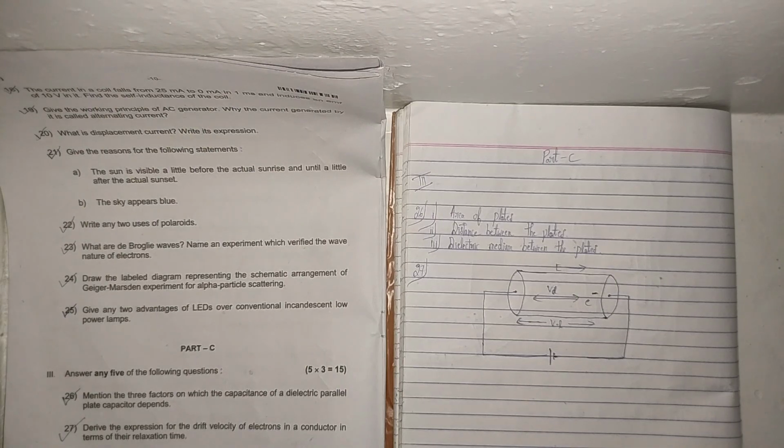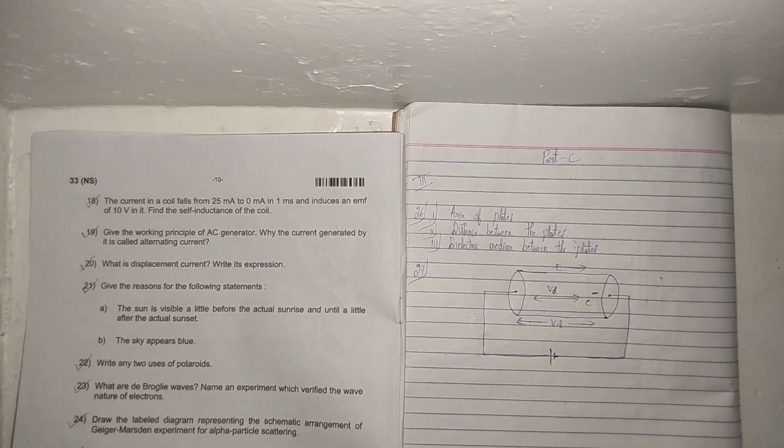Now moving on to our next question, that is question number 28. Here they have asked us to write the two reasons to show that the galvanometer has... Now they have asked us to write the expression also, right?